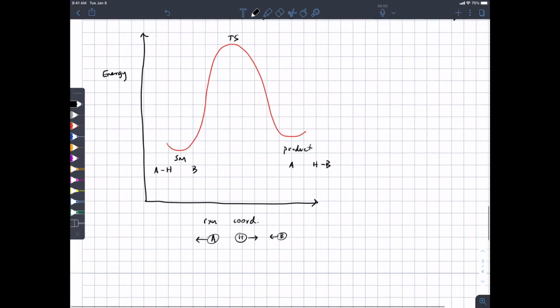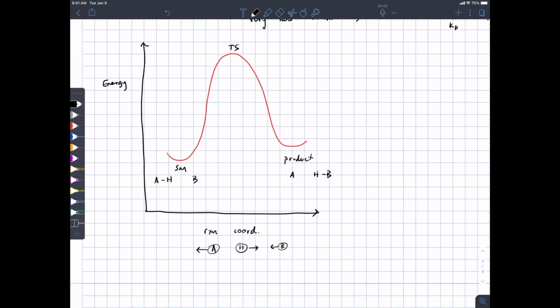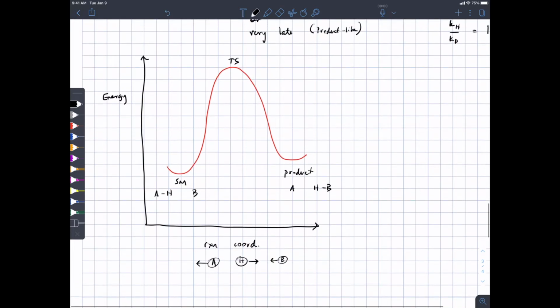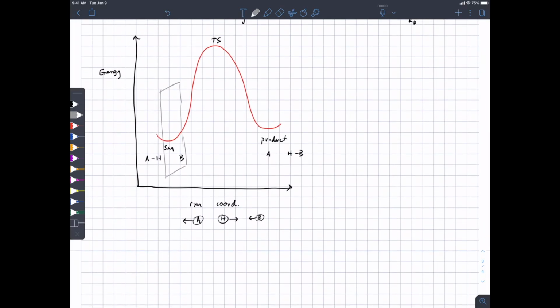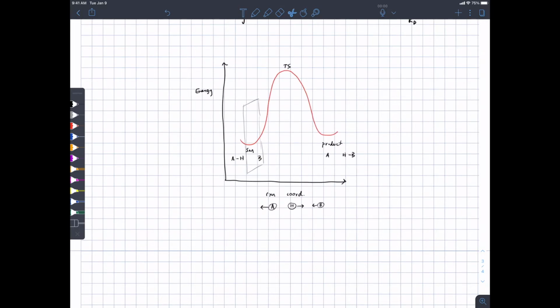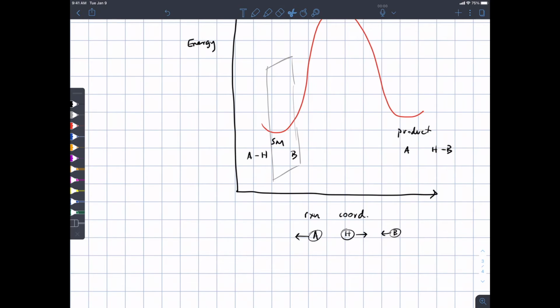Then let's consider that we're taking a slice of the transition state, looking at the following vibration.